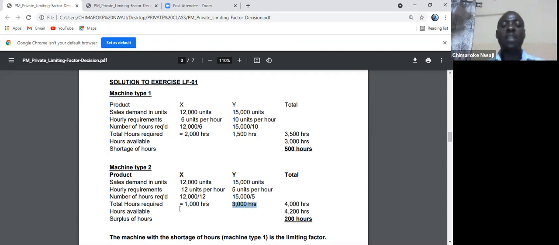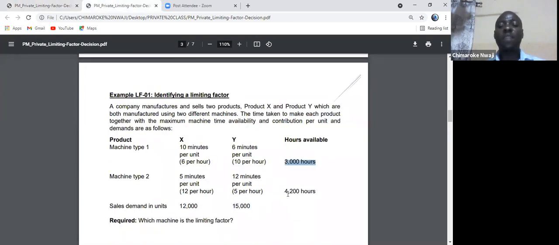So when you add 1,000 hours for product X and 3,000 hours for product Y, you have a total hour requirement for machine type 2 of 4,000 hours. And how many hours are available?